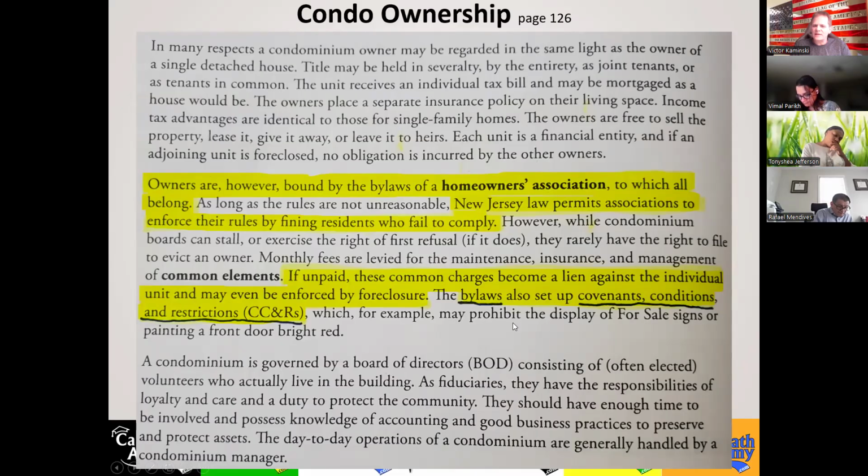And they could, for example, prohibit the display of a for sale sign or painting your front door an oddball color. Why? Because they want uniformity in the complex. Because uniformity maintains the neighborhood at a certain level, makes it look nice. And it retains value better when things are uniform, rather than you got people that really want to be individualized.